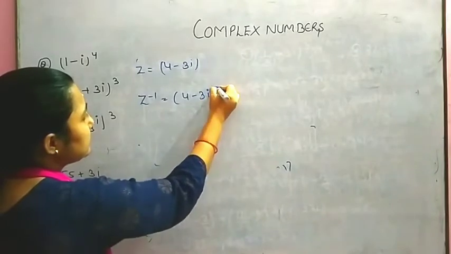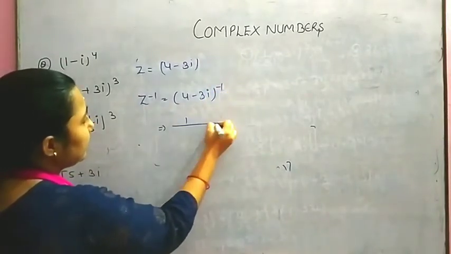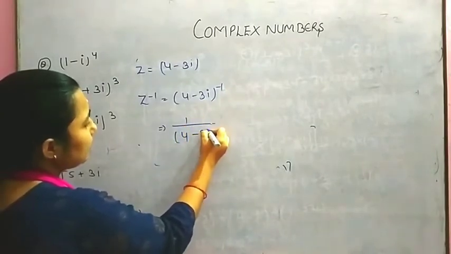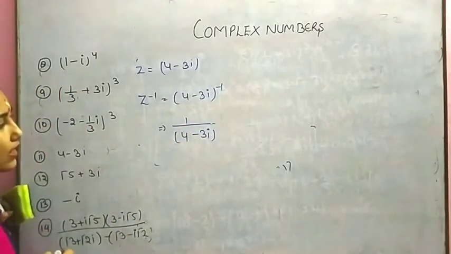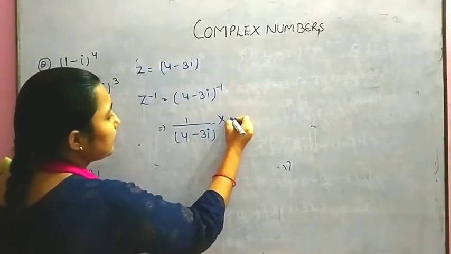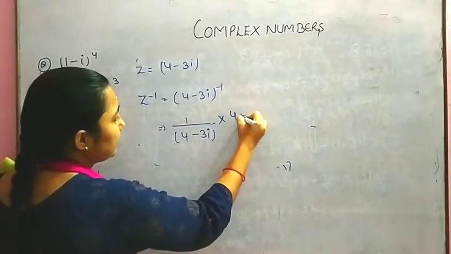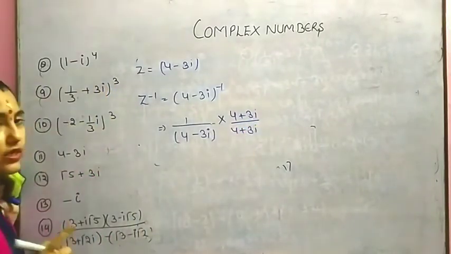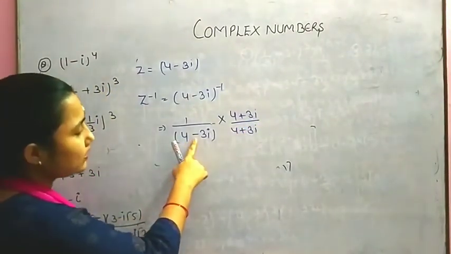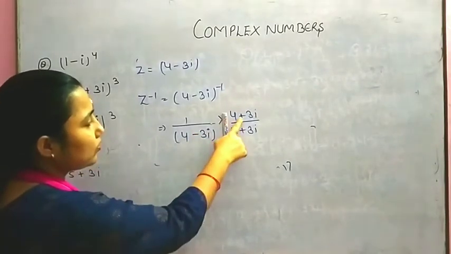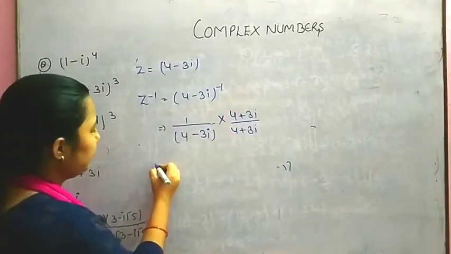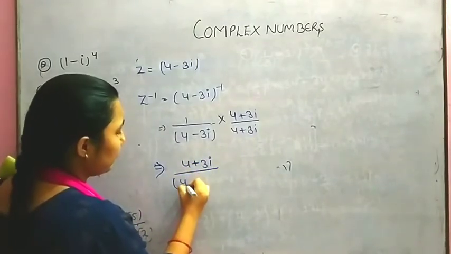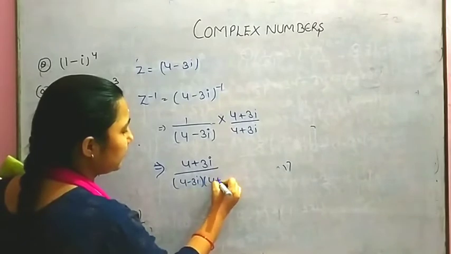That means (4 - 3i) to the power minus 1, which is 1 upon 4 minus 3i. And now just rationalize it by multiplying by its conjugate, that means 4 plus 3i upon 4 plus 3i. Just change the sign in front of the imaginary part, we get the conjugate of any complex number. We get 4 plus 3i upon (4 - 3i) multiplied by (4 + 3i).